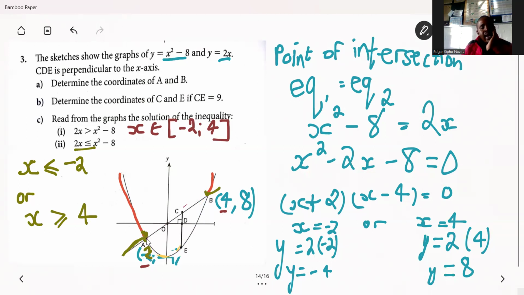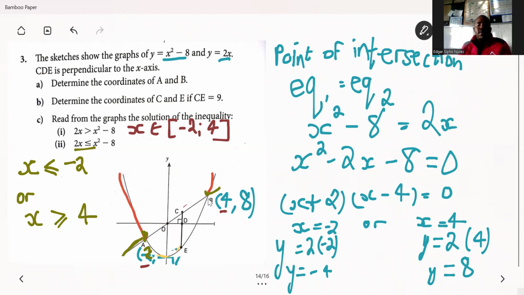So if you look from A to the left, the parabola will always be above the straight line. That's why we're saying for all x values smaller than or equal to -2. From -2 and smaller x values, the parabola will always be above the straight line, which meets that condition.